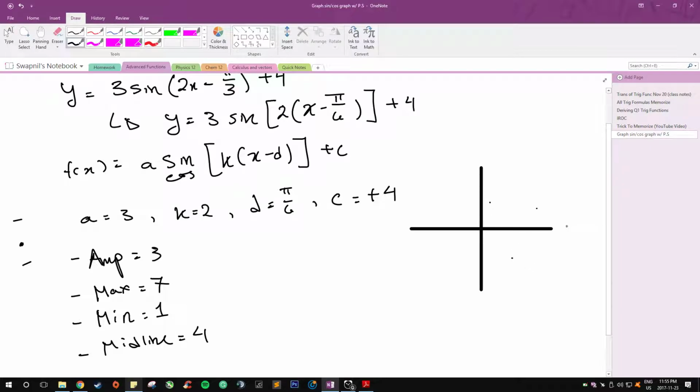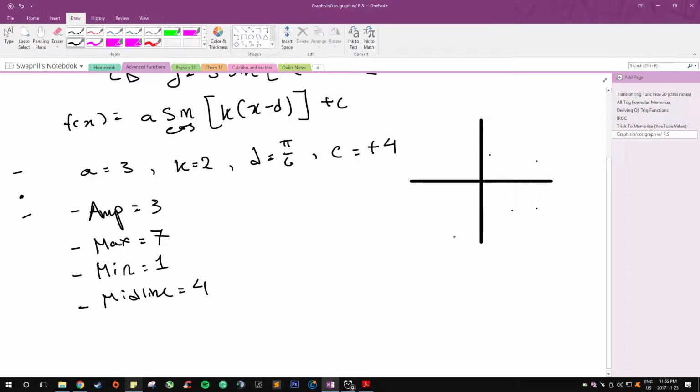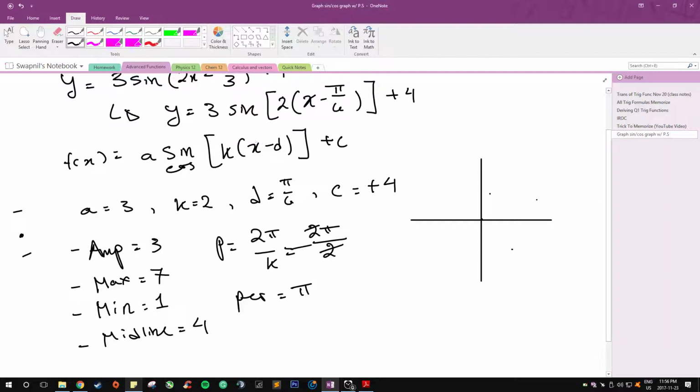It would have a period of 2 pi. Well, what's the period of this? We know that the period is 2 pi over k, and this would give us 2 pi over, what is k? 2. The 2s cancel out. Period is pi.